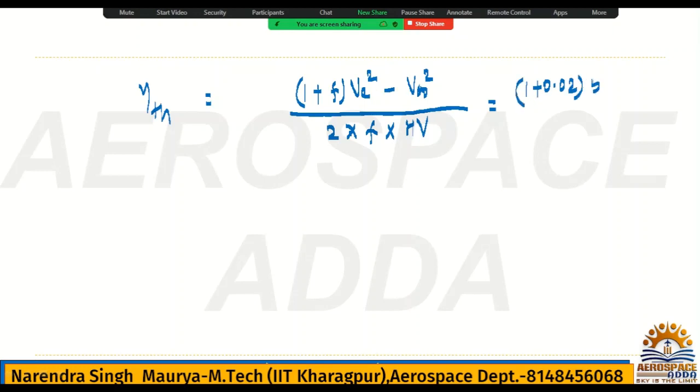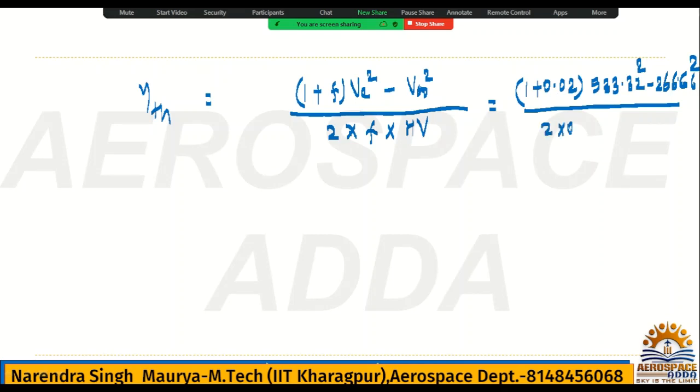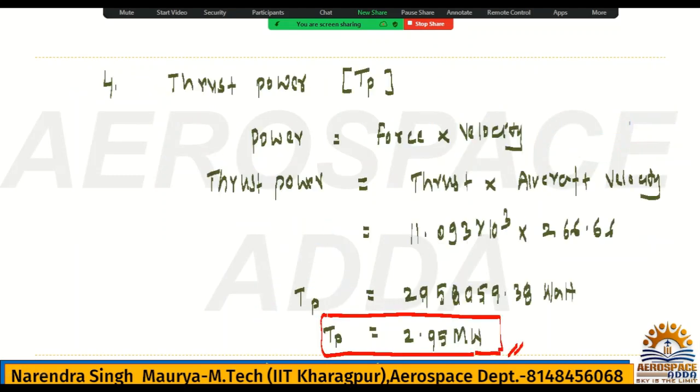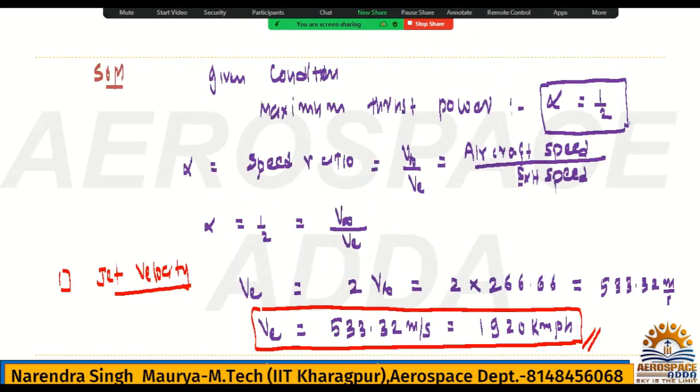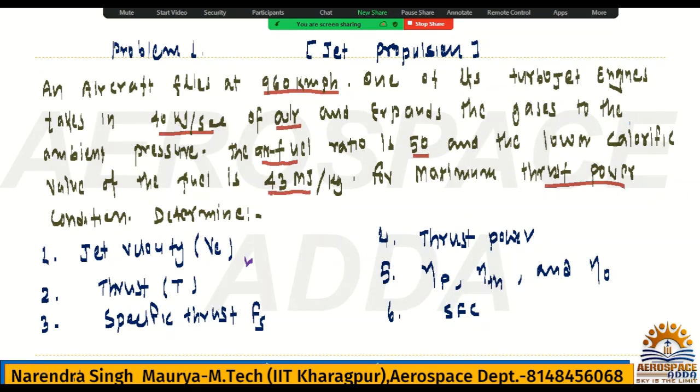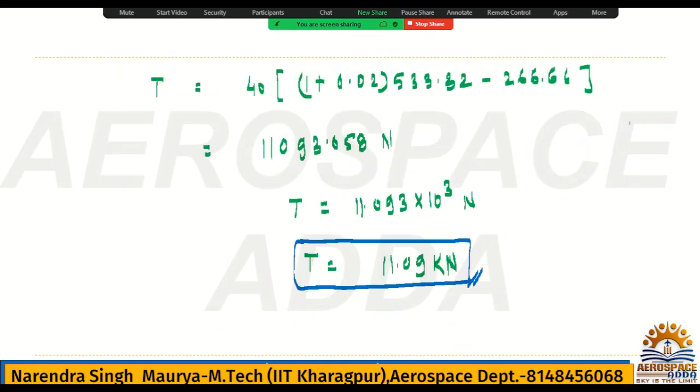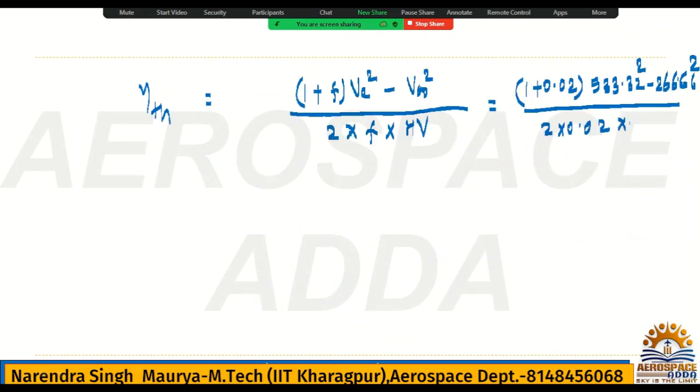If you remind, you have calculated 533.32 square minus 266.6 square, divided by 2 into what is the f? 0.02. What is the HV? It is in megajoules, I think 42 or 43. Check. 43 megajoule, right? So 43 into power 6.